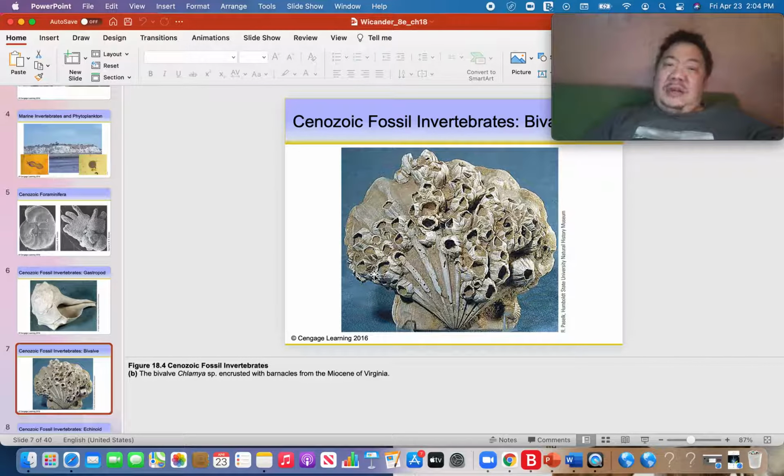But if you look at parts of the country or the world that have younger Cenozoic rocks, such as New Jersey, Alaska, you're going to find a lot of bivalves because there's lots of younger rocks there. Bivalves basically dominate in the Mesozoic and the Cenozoic, whereas before that it was the brachiopods.